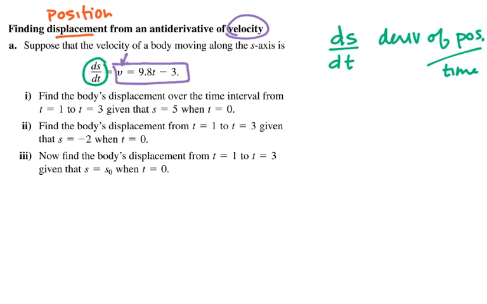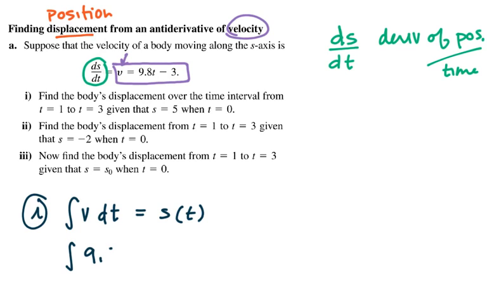So thinking about this for part I, the integral of velocity with respect to time is going to equal my position function. And we need to find position, which tells us displacement. So this means we're going to do the integral of 9.8t minus 3.